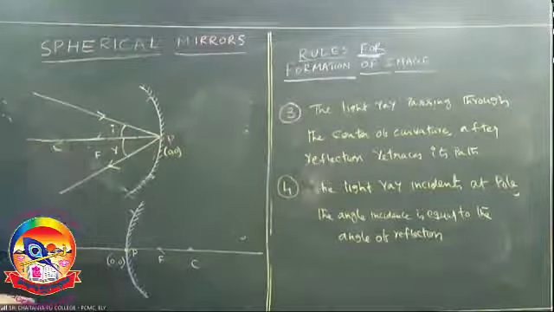We can apply it for concave and also for convex. Derived for concave, but applicable for convex also. First. Second, F is equal to R by 2. Results I am writing. Conclusions.